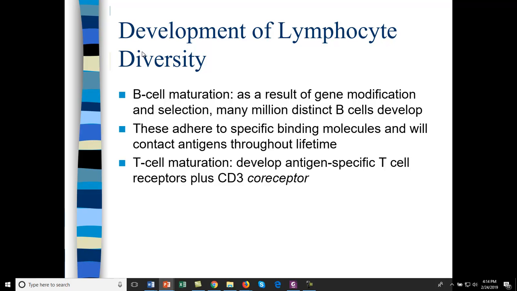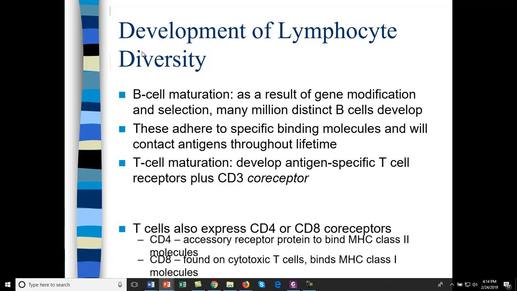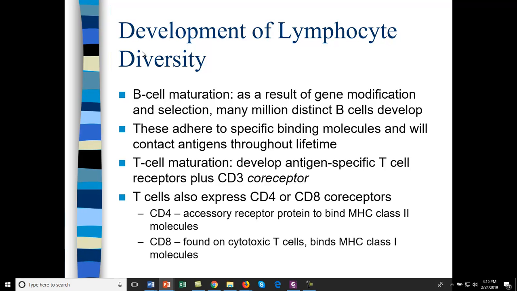You also have a co-receptor called CD3, and a CD3 co-receptor also involves binding of the major histocompatibility complex class 2. T cells also express CD4 and CD8 co-receptors. And a CD4 co-receptor binds MHC class 2.